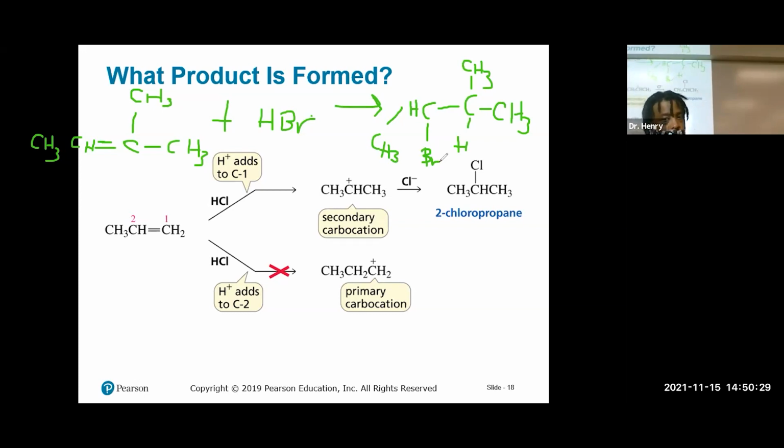Okay. So is that going to be a major product, or is that going to be a minor product? Well, is there going to be another product first off?